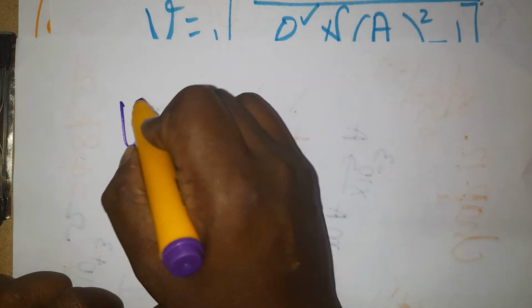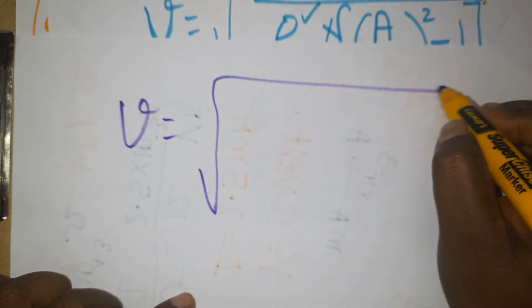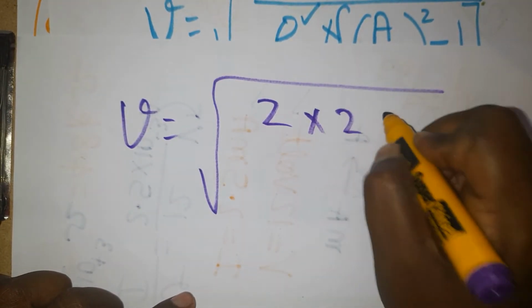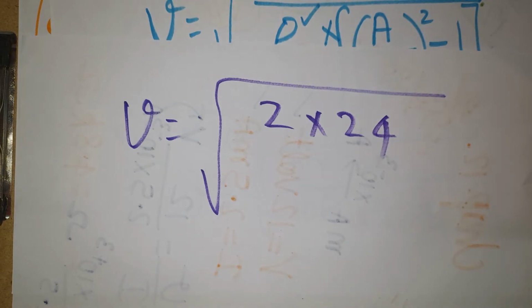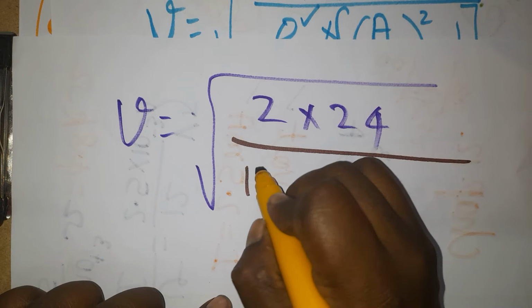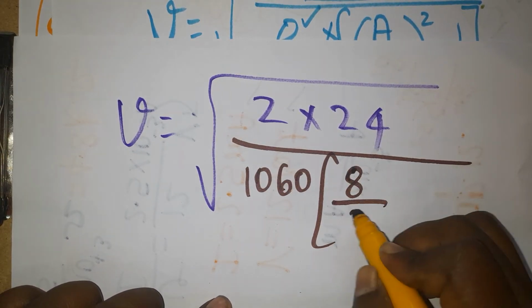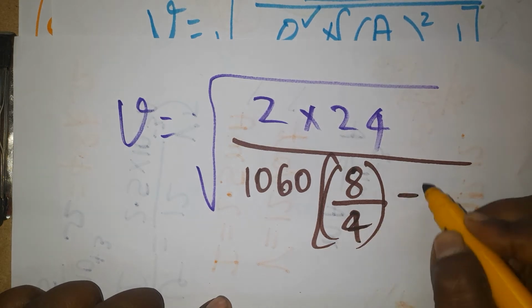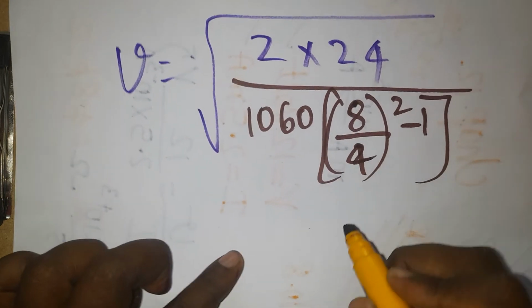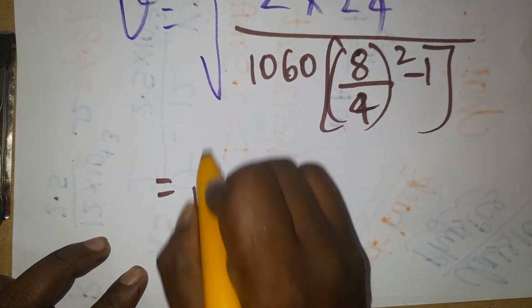Now velocity is equal to root of 2 into 24. Now I will teach with the calculation. See here, 2 into 24 divided by 1060, 8 divided by 4 whole square minus 1. 8 divided by 4, we get 2.